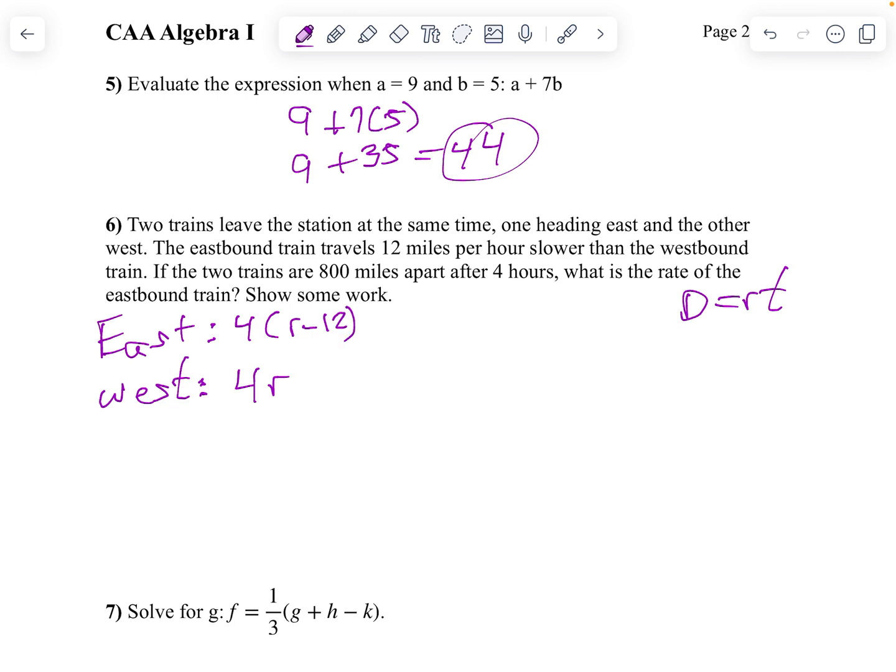Then if I put them together, because I got one train going to the east, another train going to the west, and I know after 4 hours they're 800 miles apart. So I can say, oh, my distance for my eastbound plus my distance for my westbound, that's going to equal 800.